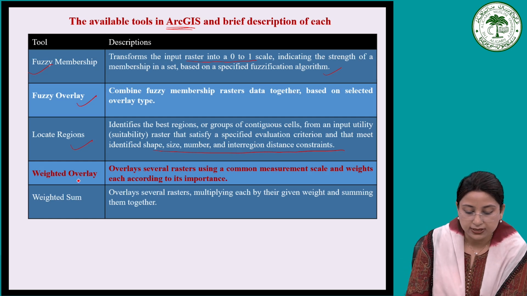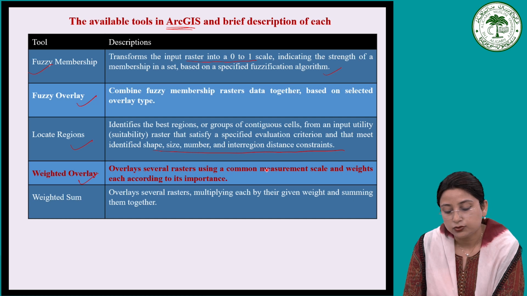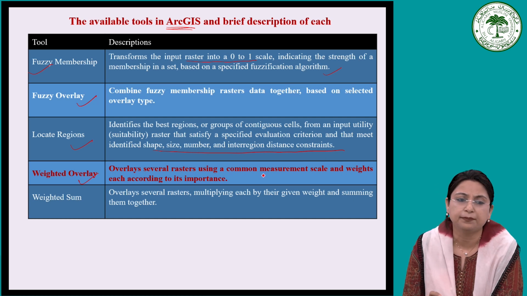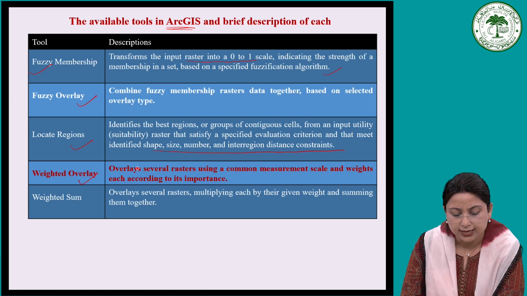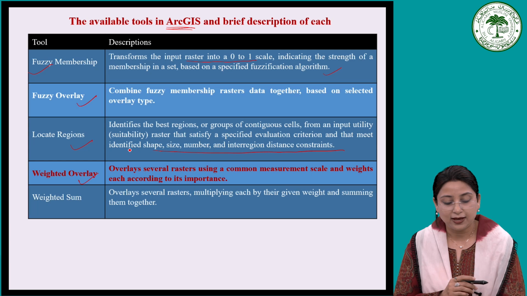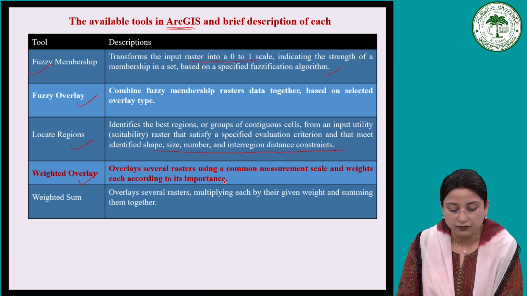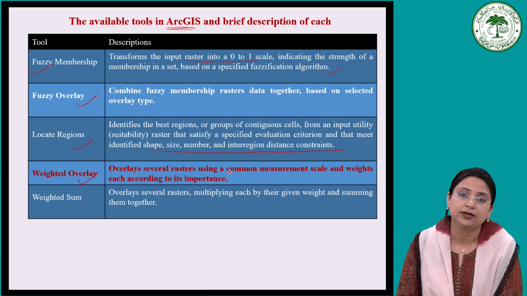Then coming to weighted overlay, which overlays several rasters using a common measurement scale. Here we are talking about weighted overlay analysis. We overlay several rasters, because all the information is in raster, using a common measurement scale, and weight each according to its importance.